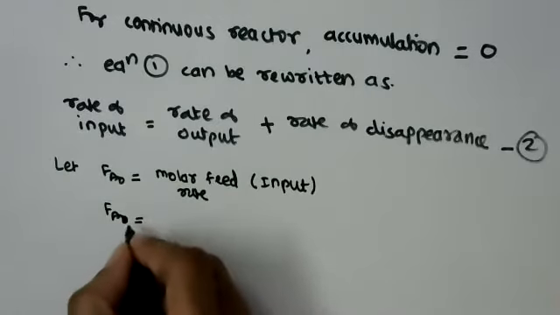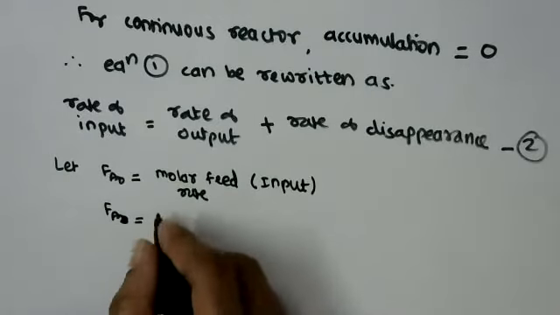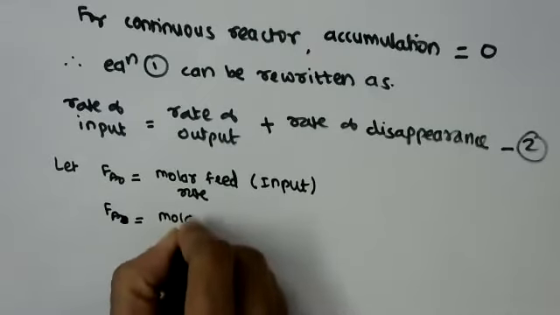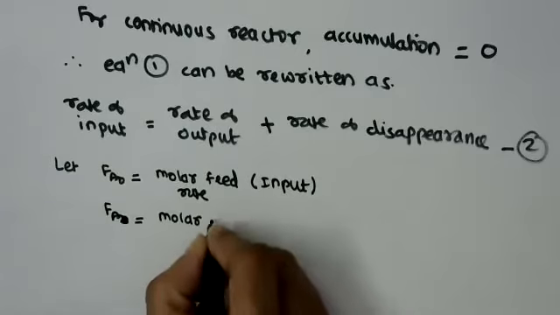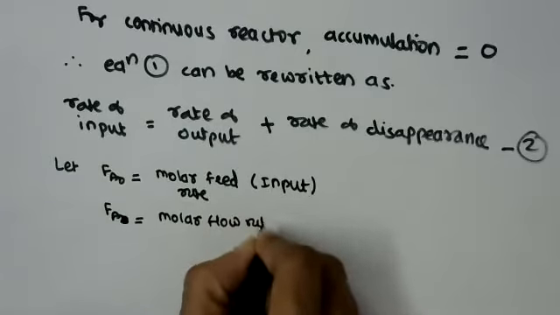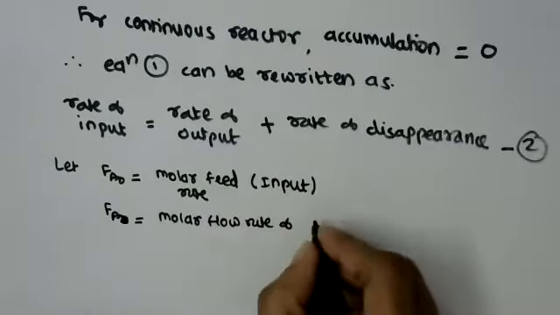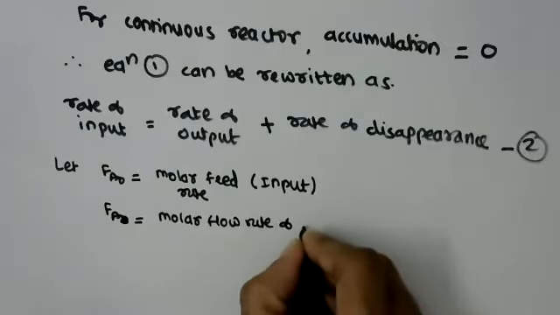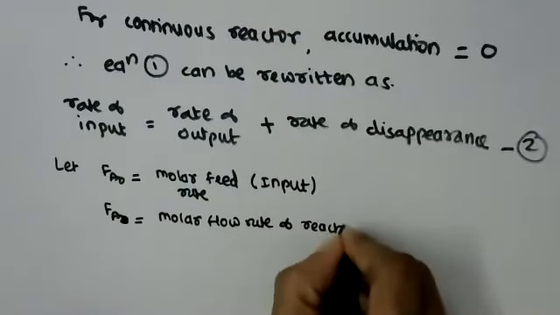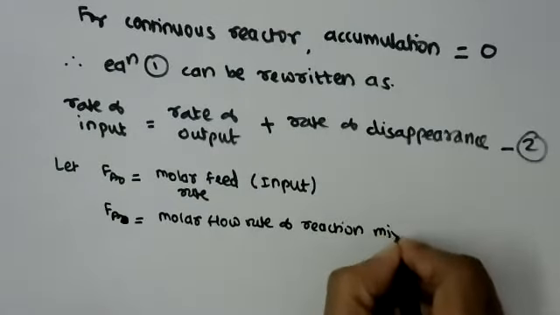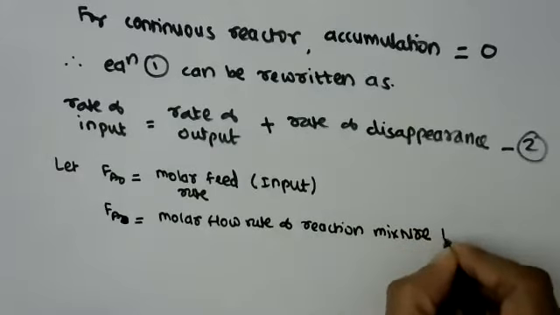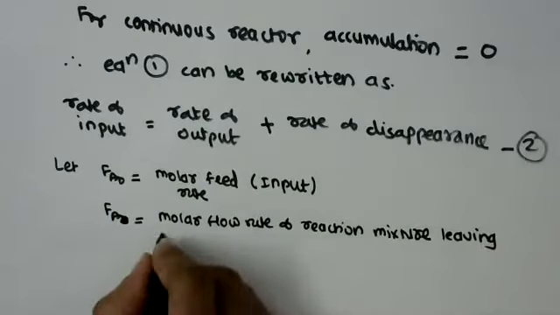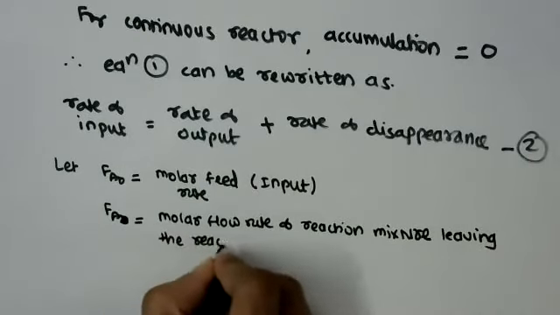This Fa represents the molar flow rate of the reaction mixture leaving the reactor.